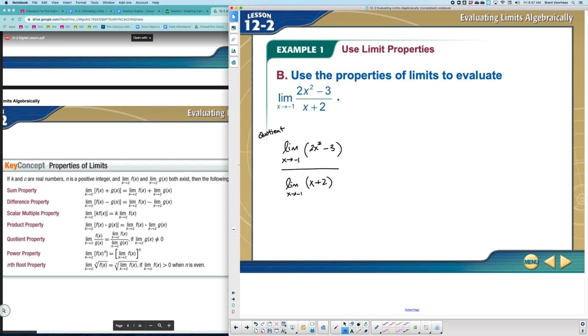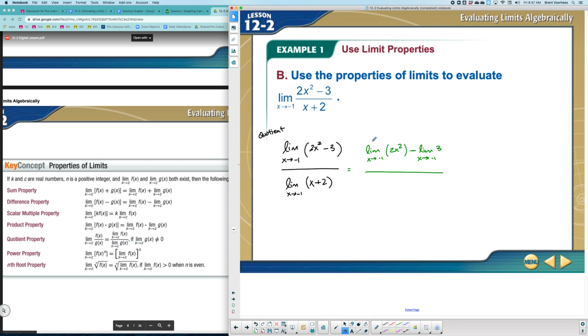And now what I could do is separate these just like we did before. We could do the sum property of 2x squared. I'm going to make that a minus the limit as x approaches negative 1 of 3. I took the minus already right here, so I'm just going to do a 3.